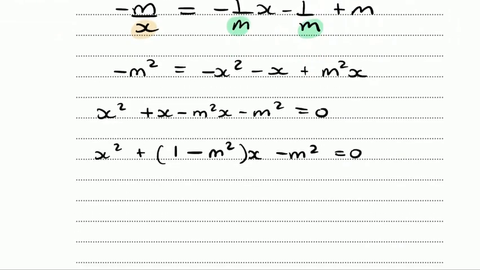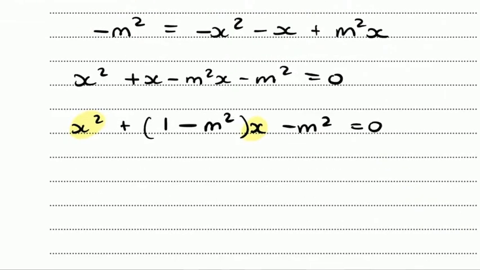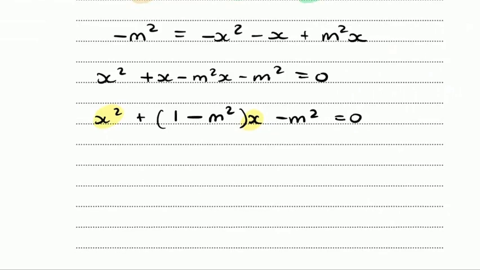Okay, so if you can see, this is now looking a little bit more like a quadratic. I've got an x squared, an x, and just a constant. Okay, so believe it or not, this can be factorized. I have not done this before, so this is something that I'm going to add to my long-term memory.